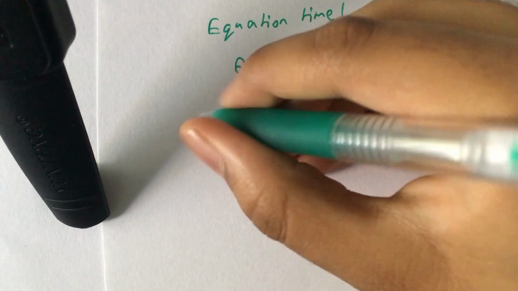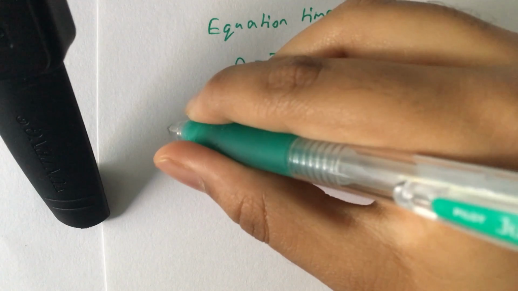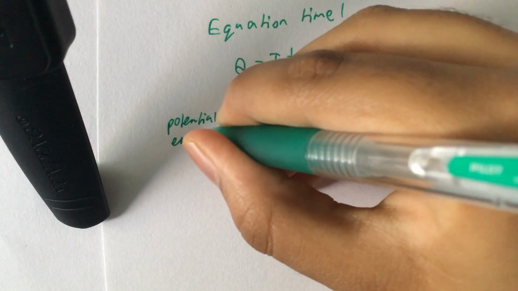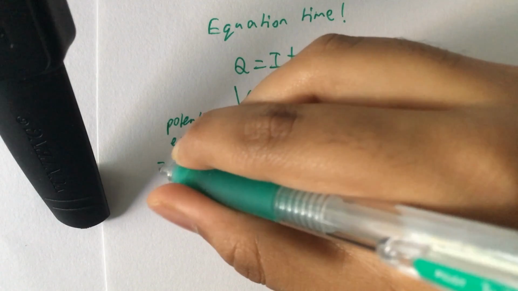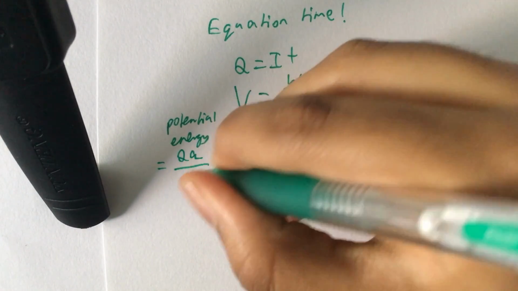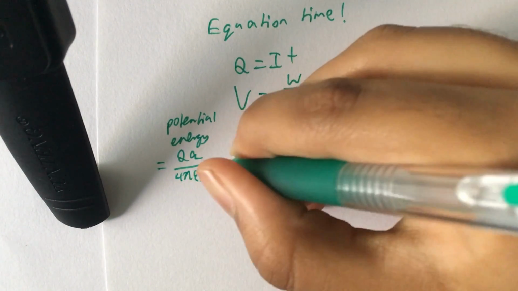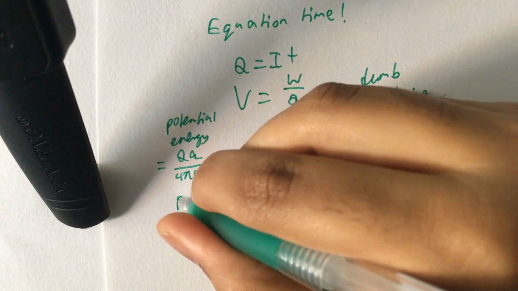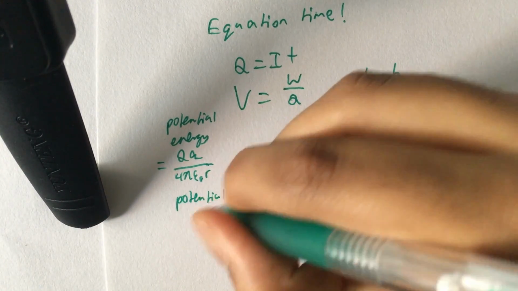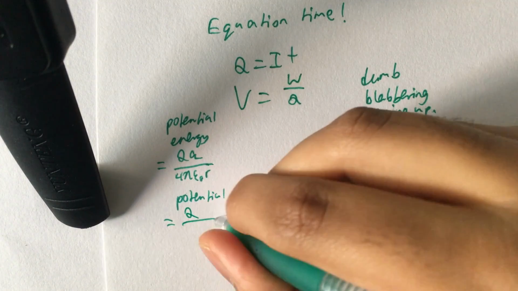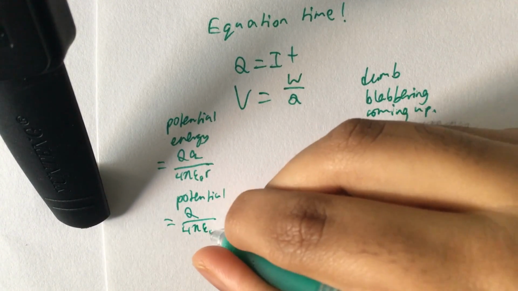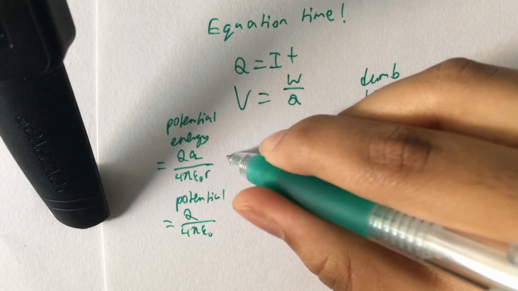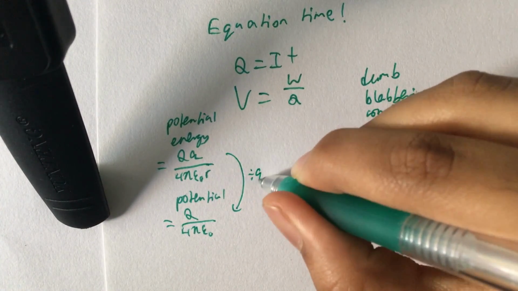So if you remember the last chapter, if you want to turn potential energy into potential, you kind of remove one of the R from the denominator. And in this scenario we have work done, so energy is work done over time in a way.